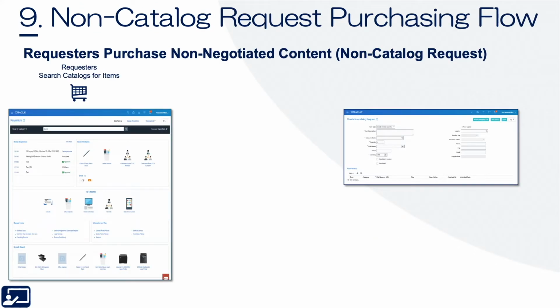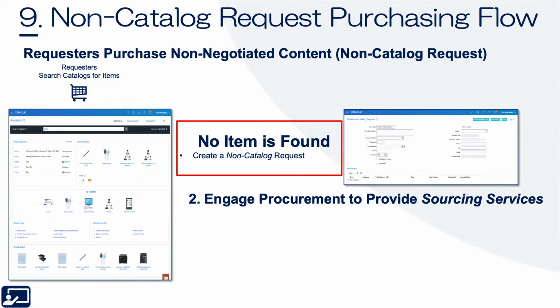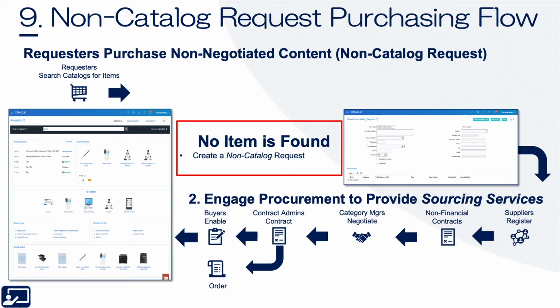9th topic, non-catalog request purchasing flow. So now let's go walk through this process flow again. Requesters purchasing non-negotiated content. So requesters search catalogs, no item is found. So there on the right, you can see we're going to use our non-catalog request form to engage Procurement to provide the sourcing services.